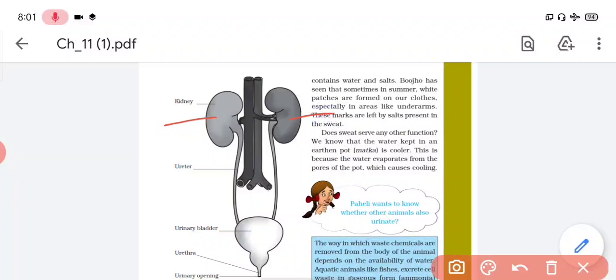After filtering, the urine is transferred into the ureter, and from the ureter into the urinary bladder. Here it is stored for some time, and whenever the bladder is filled, our body gets the signal, and we can remove it through the urethra. These are the different parts of the excretory system in human beings.